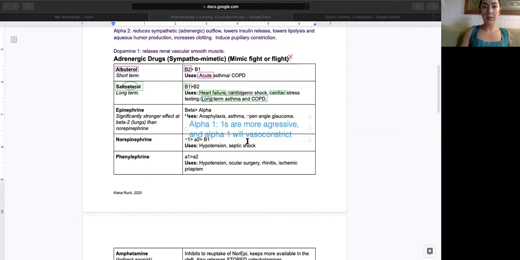That's why it's more useful in hypotension, because norepinephrine works on alpha-1. So if someone has hypotension, activating alpha-1 will cause vasoconstriction and fix their hypotension.